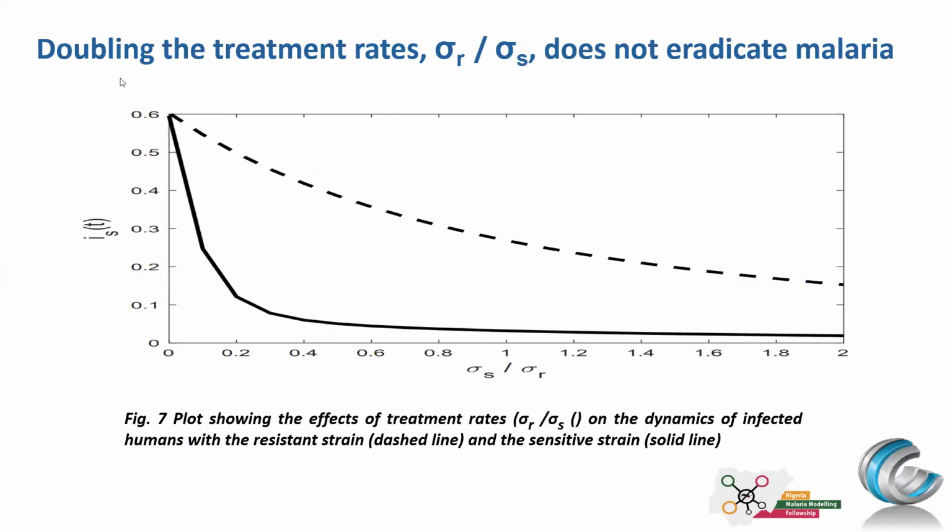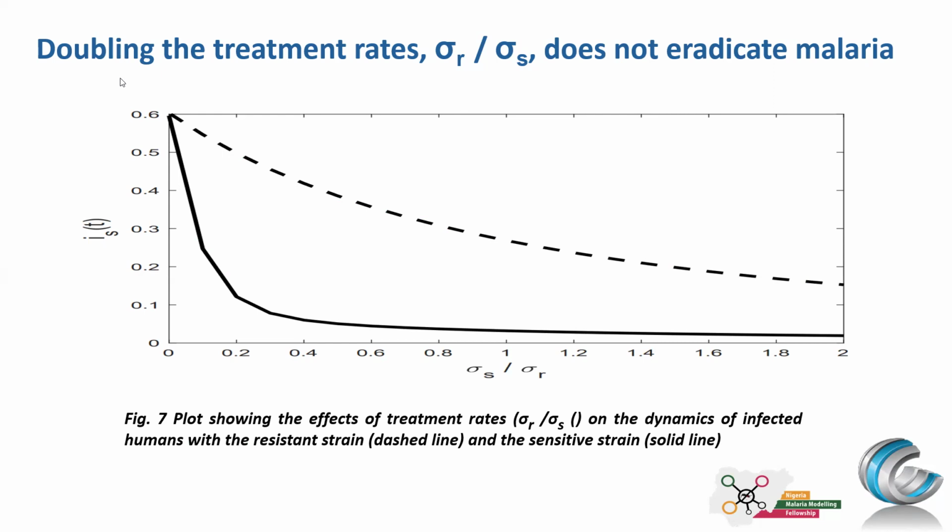So then again, simulation was also done, and we are seeing from the plots of the effect of the treatment rates for the resistant strain, which is shown in the dashed line, and the sensitive strain, which is shown by the bold line below, that even though the treatment rate was doubled, we still don't get to a case where we have zero malaria cases.